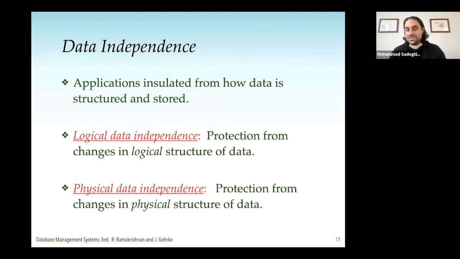The application doesn't concern itself with those changes. Every time the database needs to add a new kind of index, the application doesn't also need to be changed. So the application becomes completely abstracted from the underlying structure that the database maintains. So that's physical data independence.